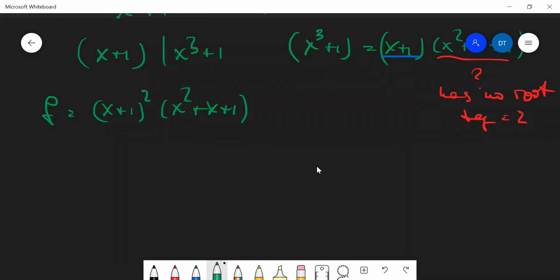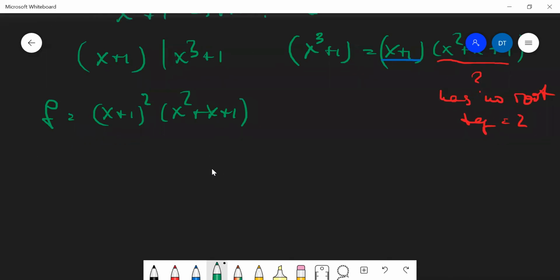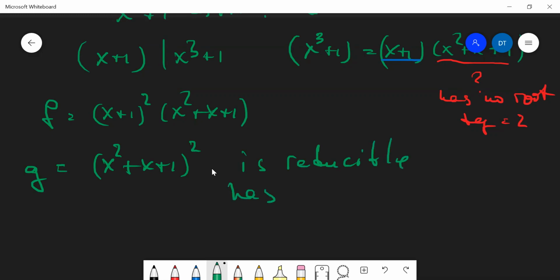If you have a polynomial of degree 3, it's easy to recognize an irreducible polynomial because of this criterion. But in the case of a polynomial of degree 4, if you consider (x^2 + x + 1)^2, this polynomial is reducible, but it has no root.